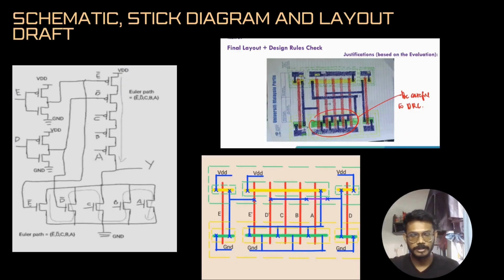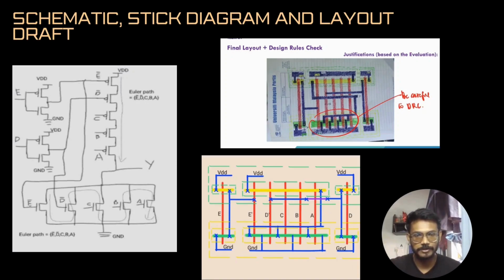So based on the Boolean expression and the truth table, we first drafted the schematic, the layout, and the stick diagram for evaluation. It was evaluated by the lecturer, and we went through a lot of drafts and rectified a lot of things, and finally decided on the final draft for the schematic.